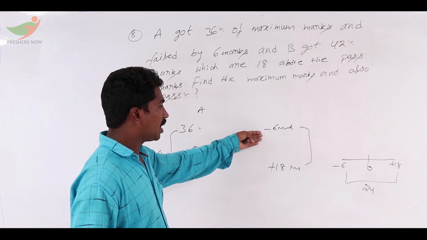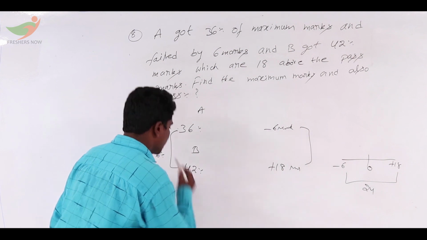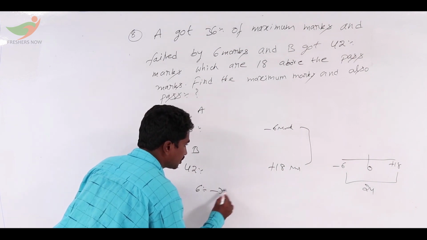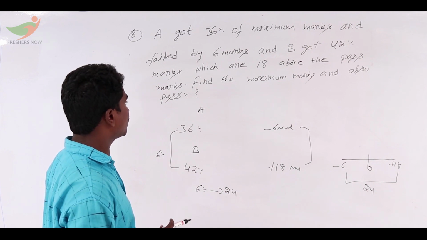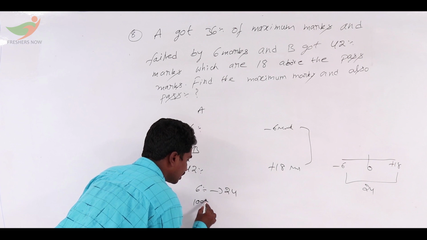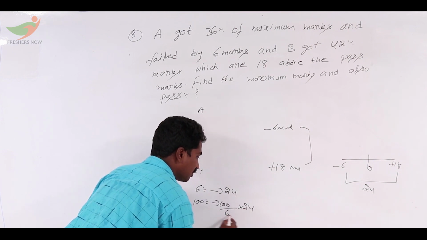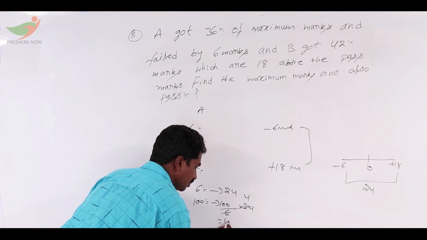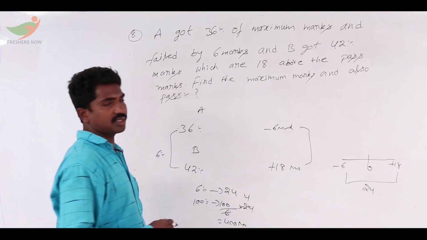So 6% is 24, and he is asking to find the maximum marks. Maximum marks 100%. 100 by 6 into 24, 400 marks. These are the maximum marks.